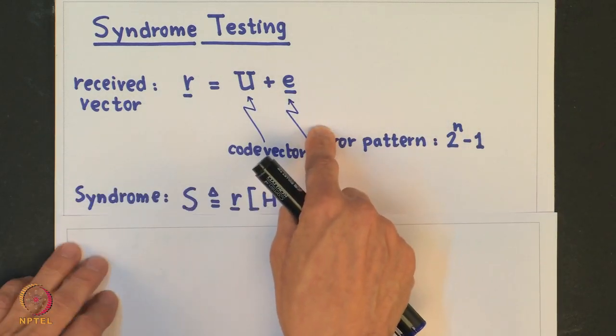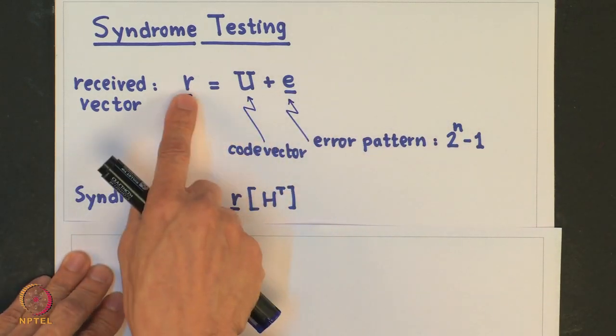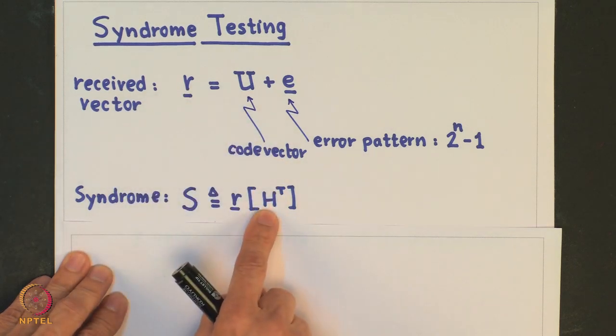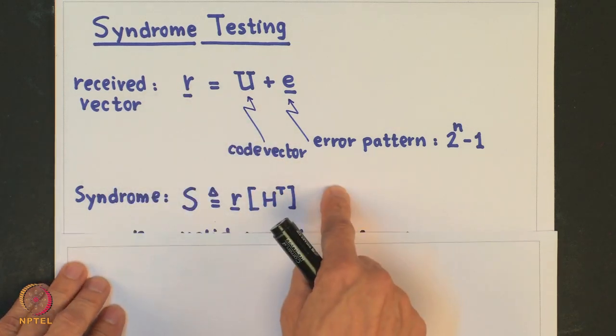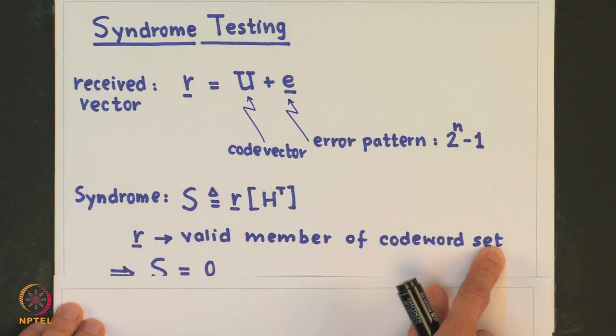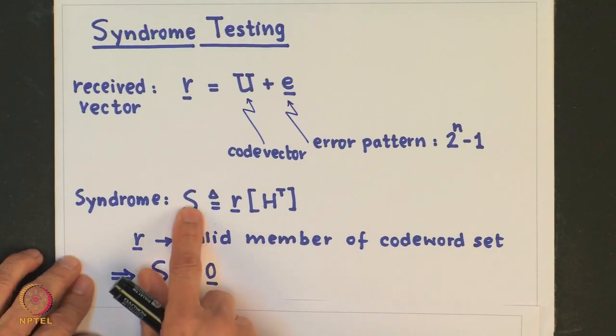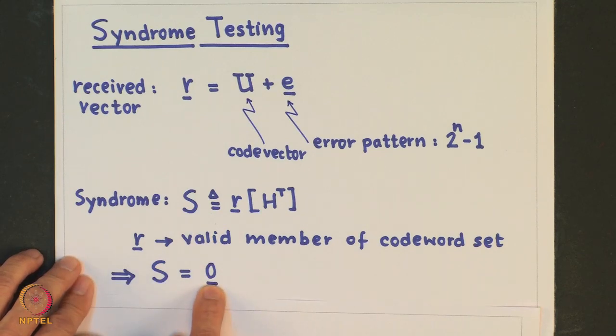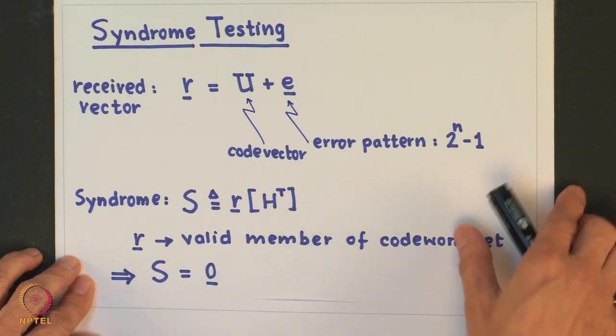So, the received vector is the sum of the two. Now, if we compute R multiplied by H transpose, if R is a valid member of the code word set, then this syndrome would be equal to 0, otherwise it would be non-zero. This is very clearly seen if we write the expansion as follows.